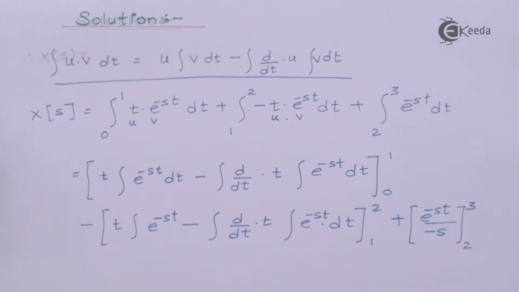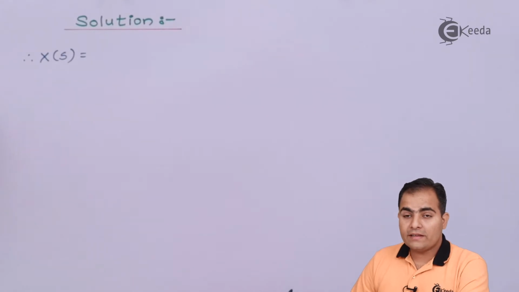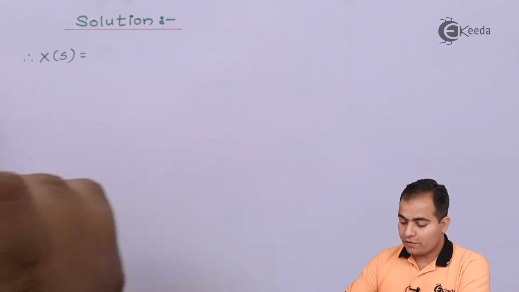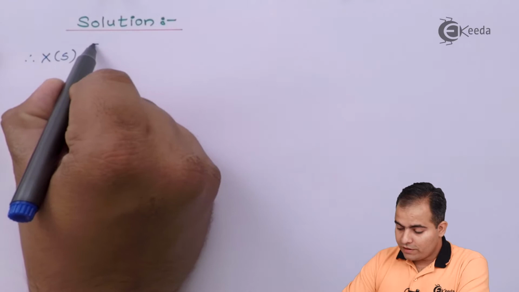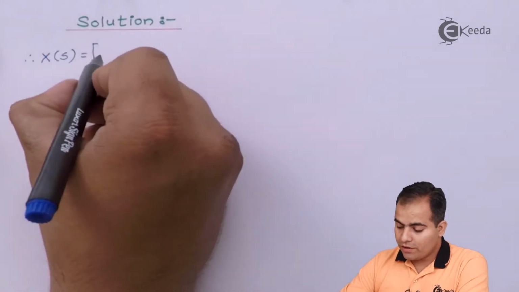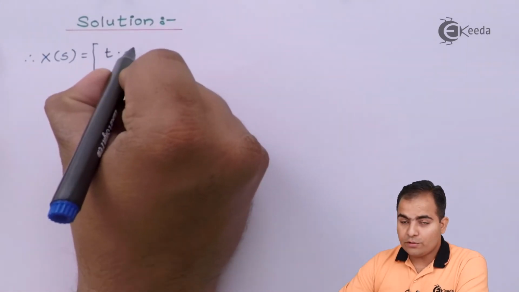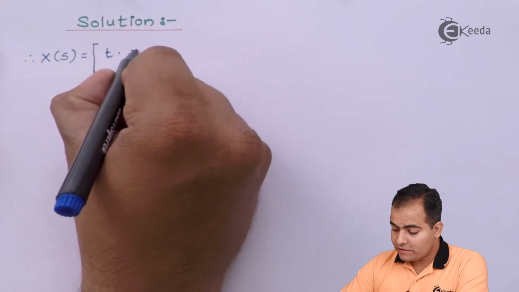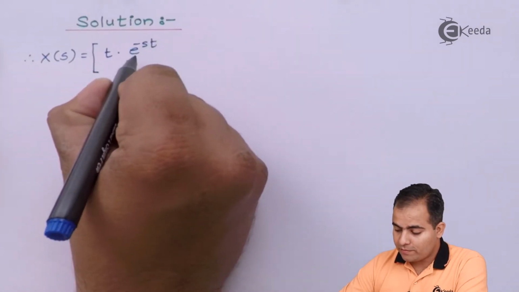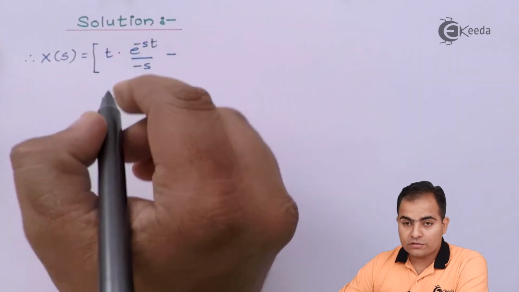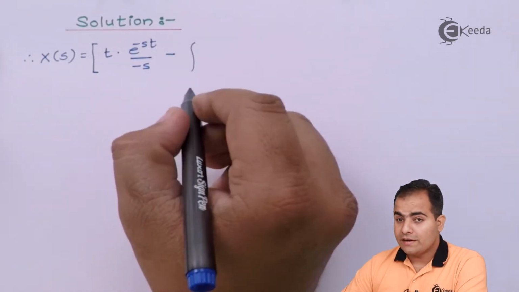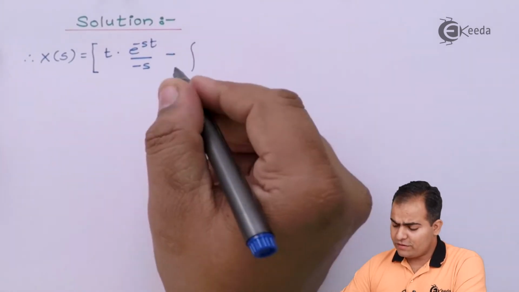I have written the intervals of that integration. Now we will apply the integration inside this formula. So in the first block we have t into the integration of e to the power minus st, which is e to the power minus st upon minus s, minus the integration of d by dt of t, which is 1.